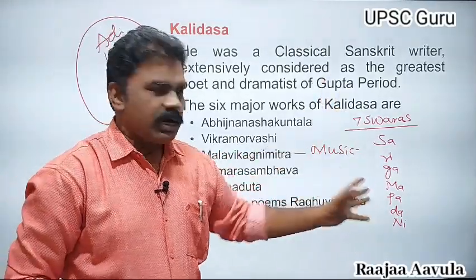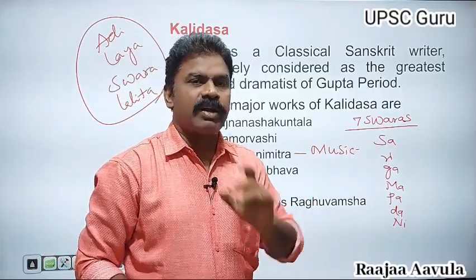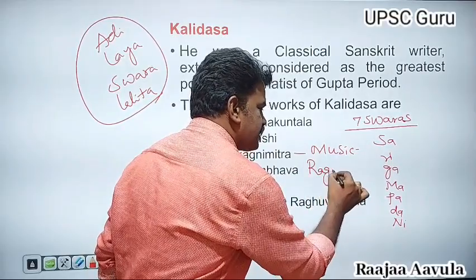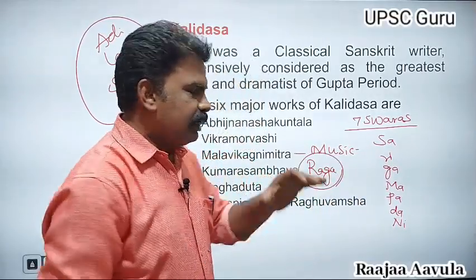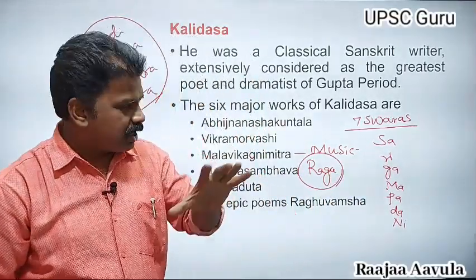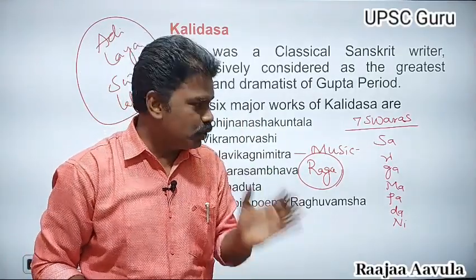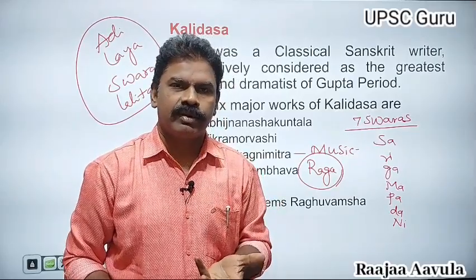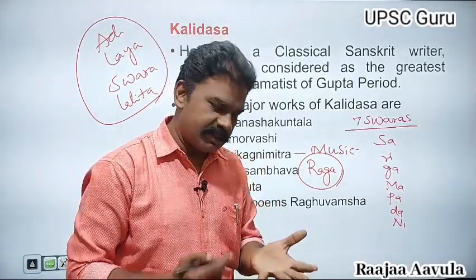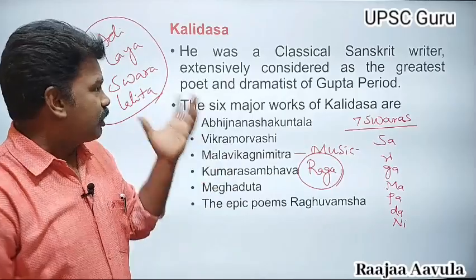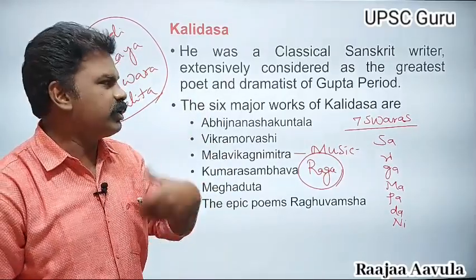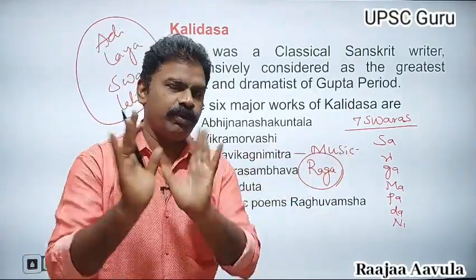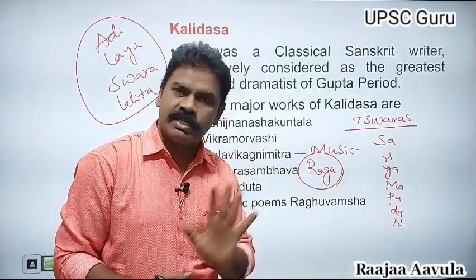Out of these 7 swaras, you need to make one raga. According to the Indian music tradition, you need to take at least 5 swaras to make a raga, either Adi Ragam or Lalita Ragam, whatever the raga may be. Raga is the combination of swaras, remember that.